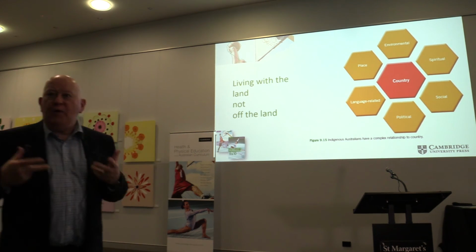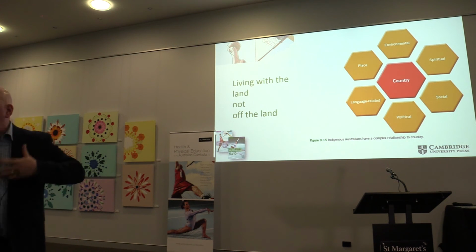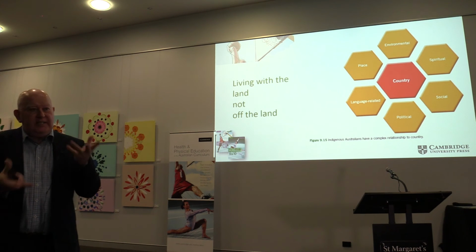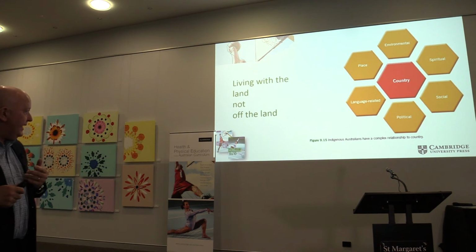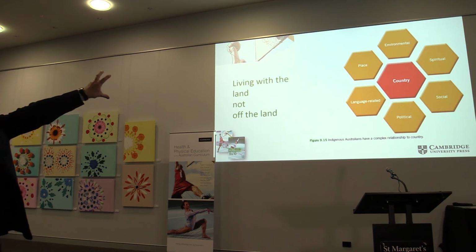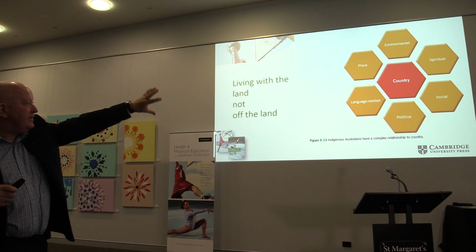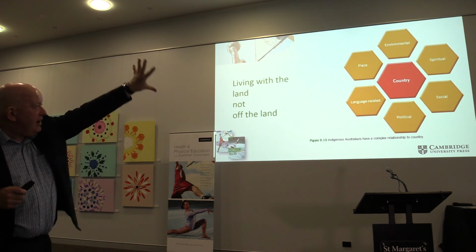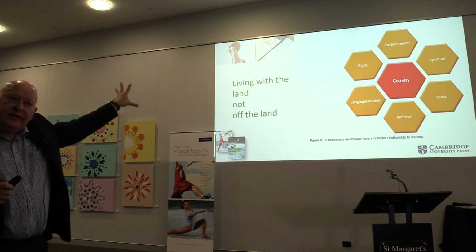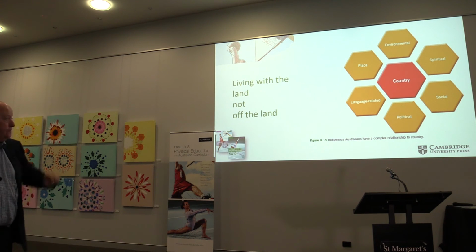Indigenous people live with the land, whereas we tend to look at the land as being something that we can live off. And that's a really subtle distinction, living with the land, living off the land. So this connection to country is very complex in Indigenous communities and Indigenous nations. So the graphic organiser is just trying to tease out that complex connection.